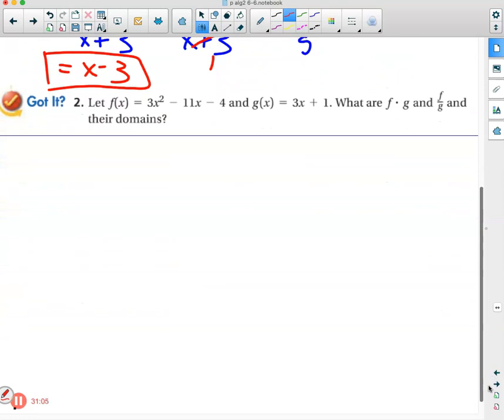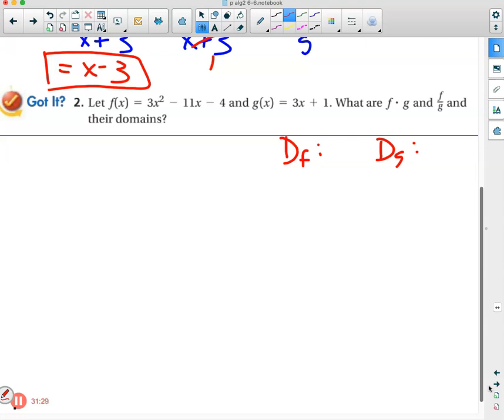Let f of x equal 3x squared minus 11x minus 4. G of x equals 3x plus 1. What are f times g and f divided by g and their domains? Okay, start at the end of this. Take a look at f. Any restrictions?